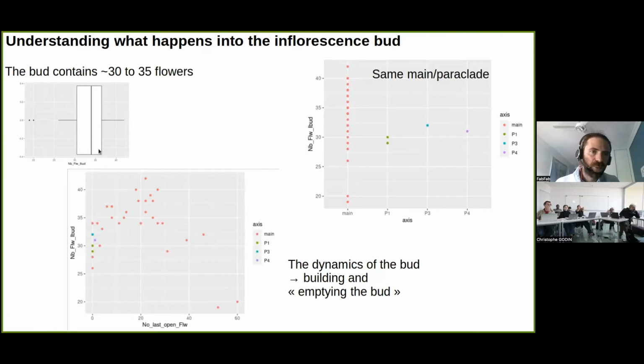Here you've got a box plot, which is a descriptive statistic for all the plants I dissected, all the different stems, and you can see that in one single inflorescence bud like this, you have between 30 and 35 young flowers present, with internodes that barely elongate.